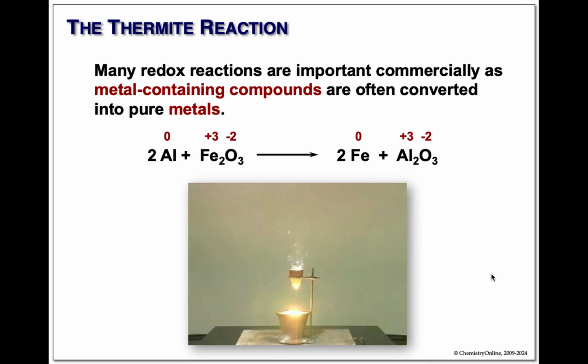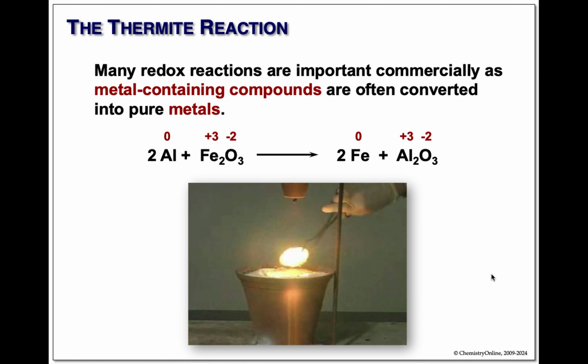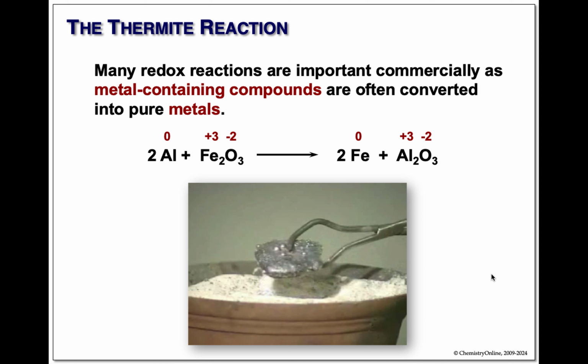When it is finally done, down here in the sand, that's white hot iron. That's kind of neat. Once it cools, you can tell it's iron. It's a nice little dark lump.